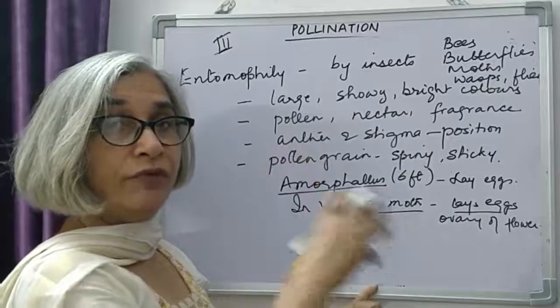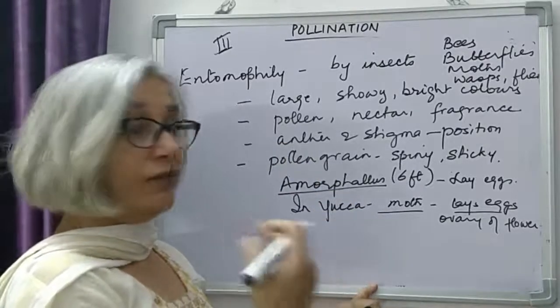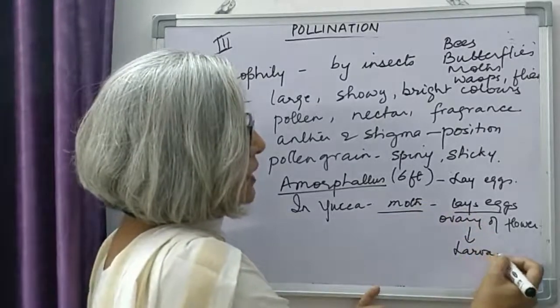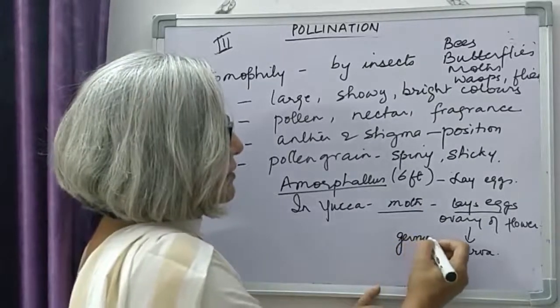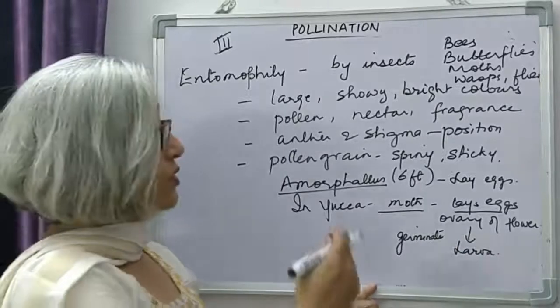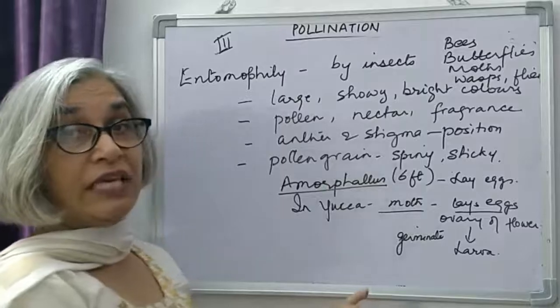When it goes into it, fertilization occurs, and as the larvae from these eggs are formed, the seeds that are produced also germinate, and that's how dispersal takes place. So this is a very close relationship between the insect and the plant.